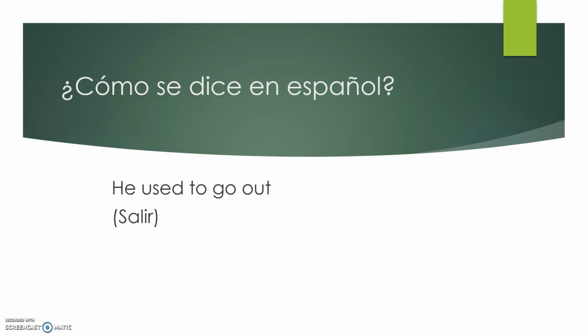So we want the él form of the verb salir in the imperfect tense. Él salía. We should probably specify that it's él in front of salía because salía would also go with ella, usted, and yo in this form.